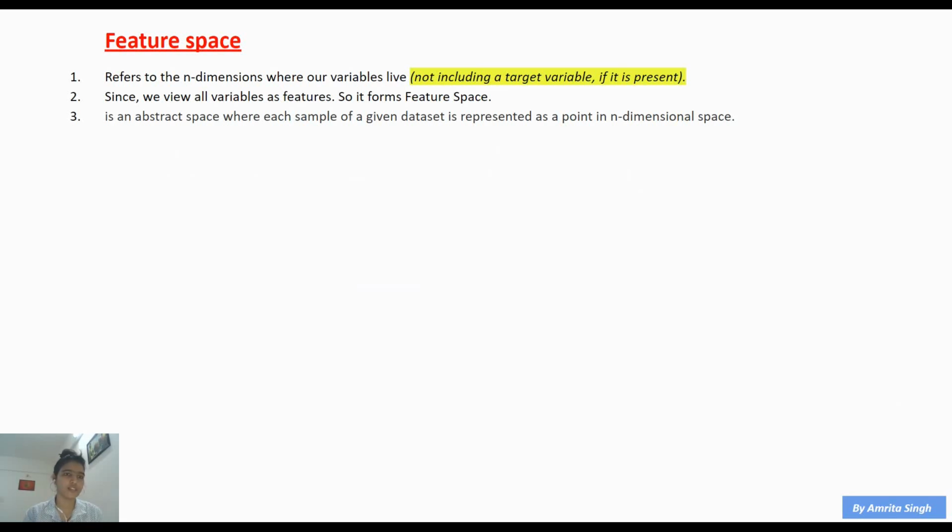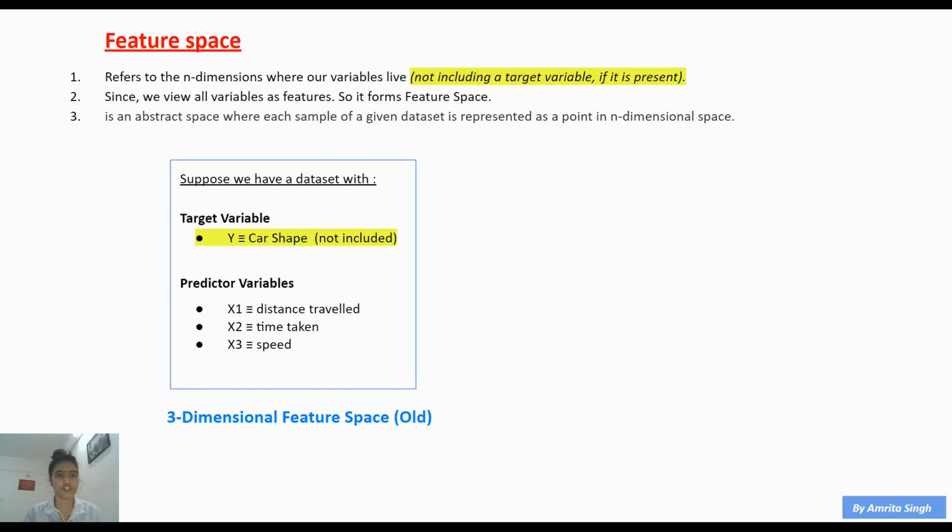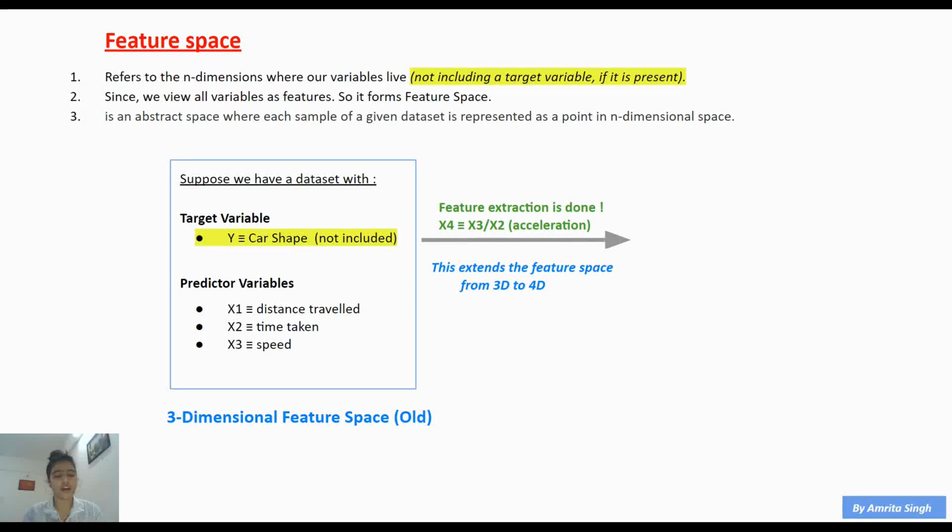When I'm saying new feature space, I'm sure you all must know this term, because it is a very common term in data science, but a small explanation. This is an abstract space where all our variables, all our features live. Also, this feature space doesn't count your target variable. Suppose I have three-dimensional data with variables distance, time, and speed, and I extracted another feature x4, by taking speed and time.